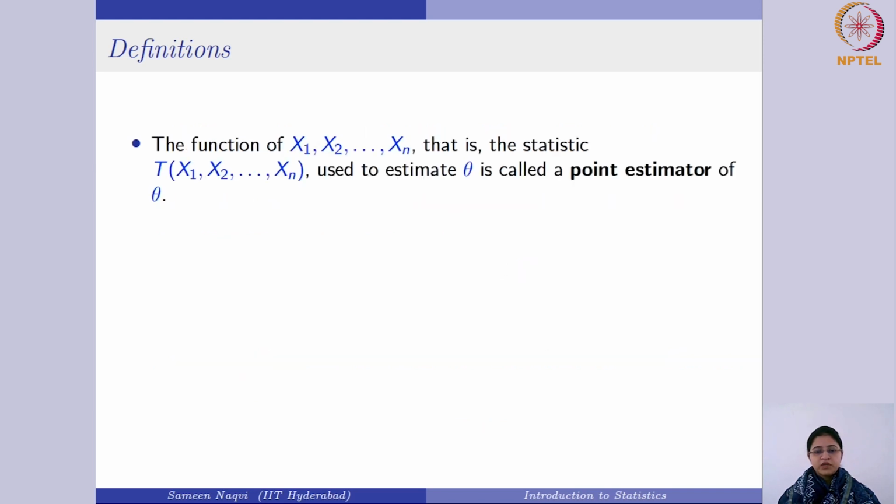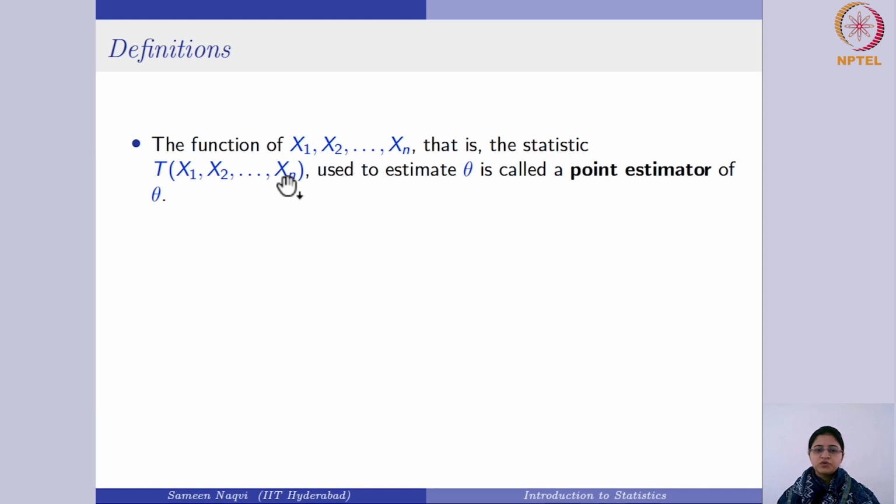Now, recall that a statistic is basically a function of the random sample. That is, if your random sample is x1, x2, xn, then any function that is T of this random sample is referred to as the statistic.